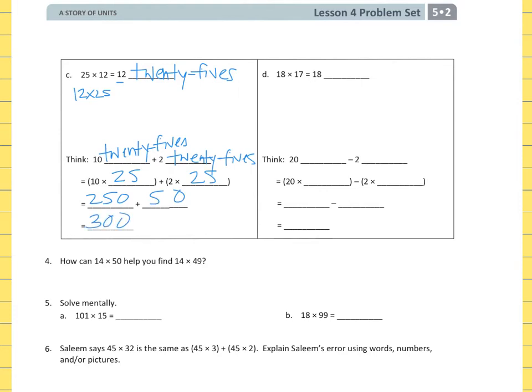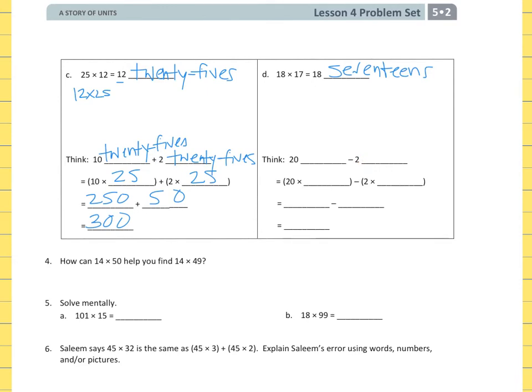And let's go ahead and do D. We have 18 times 17. And so they want to know 18, you have 18 of what? Well, you have 18 17s. And so a good way of thinking of it is we could break it up between 8 and 10, but looking down here, they want us to go up to 20 and then take away 2 17s.